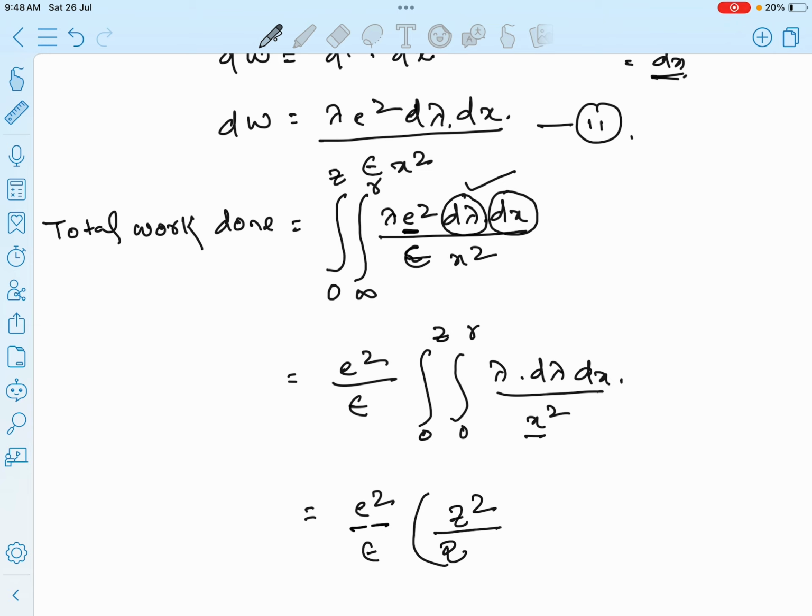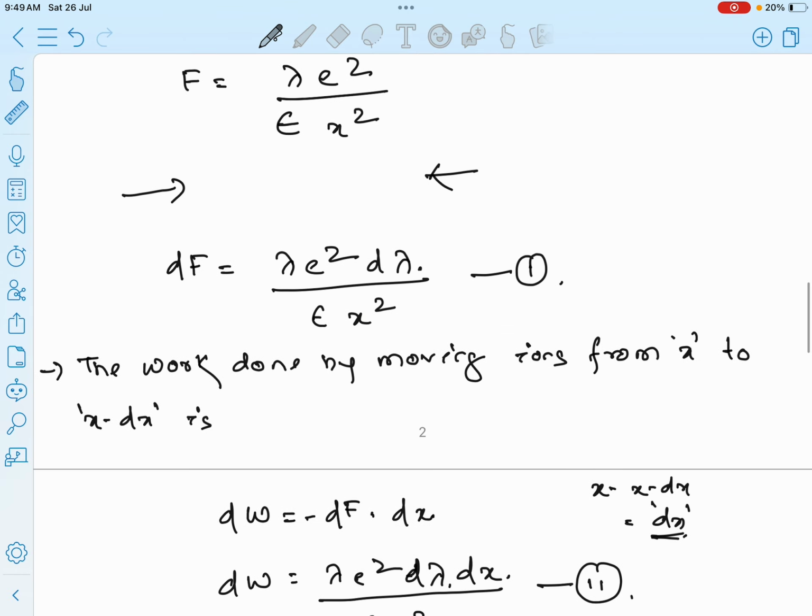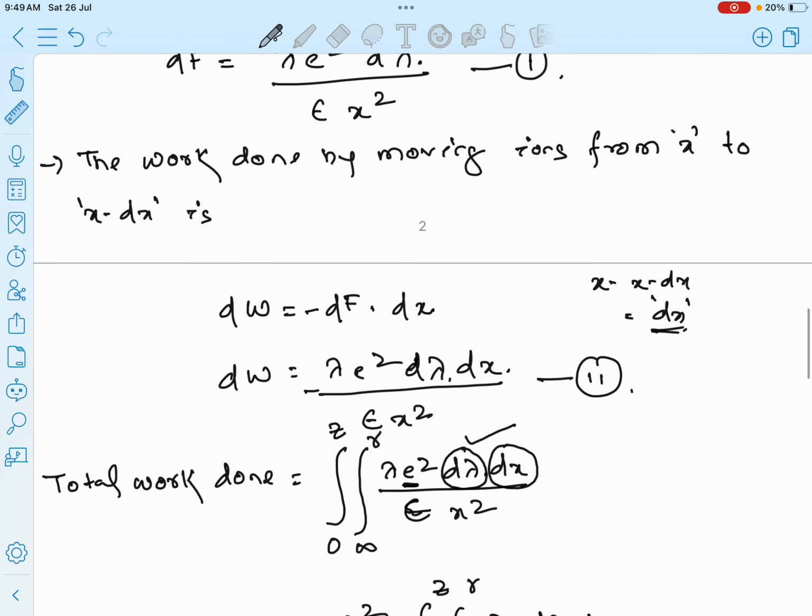Next, the x term, that is 1 by x square dx, that is x to the power minus 2 dx, that means x to the power n plus 1 by n plus 1. So this would have minus 2 plus 1, that means x to the power minus 1 divided by minus 1. I have left the negative sign here.